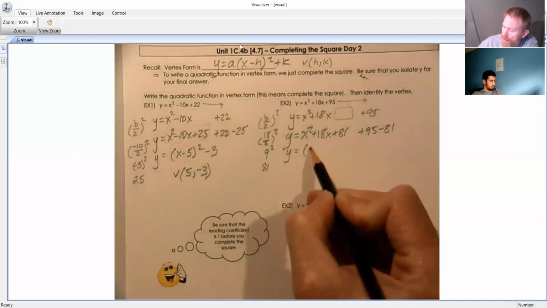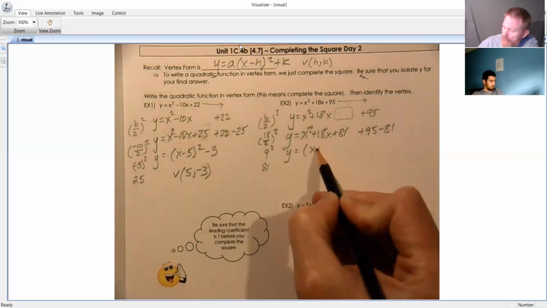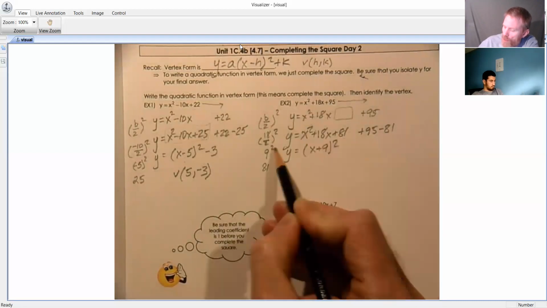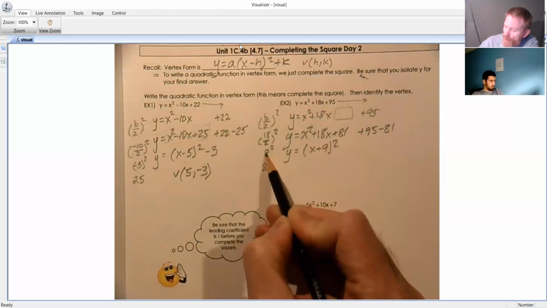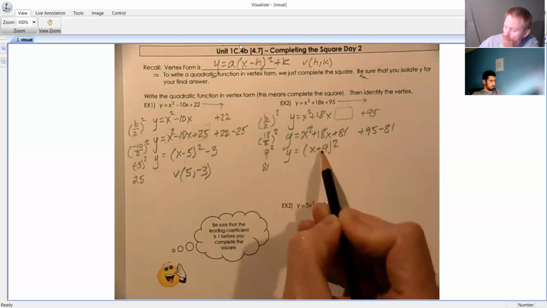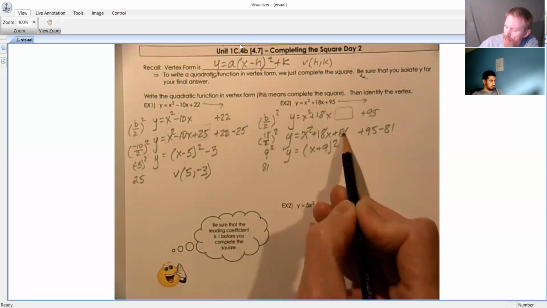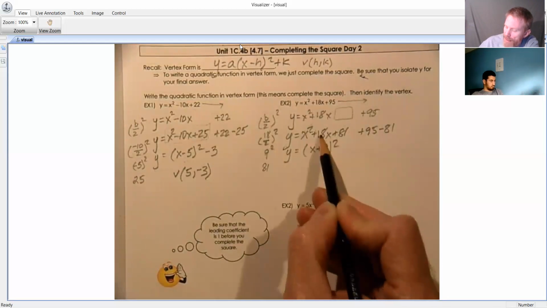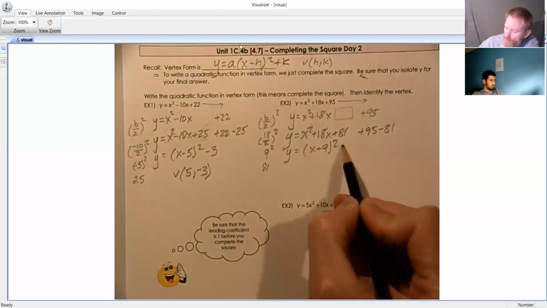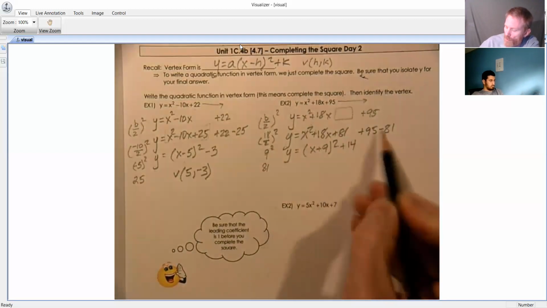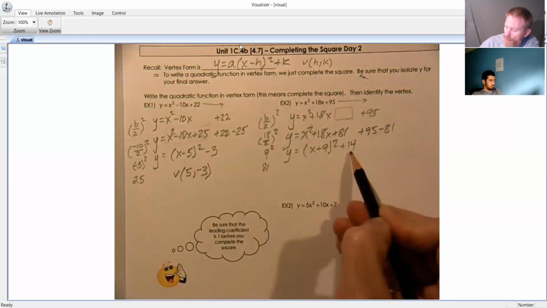We have x plus 9 squared. Whatever's being squared here is the value that's going to go inside your parentheses. 9 times 9 makes 81, and 9 plus 9 makes 18. And then over here, we add up to be 14.